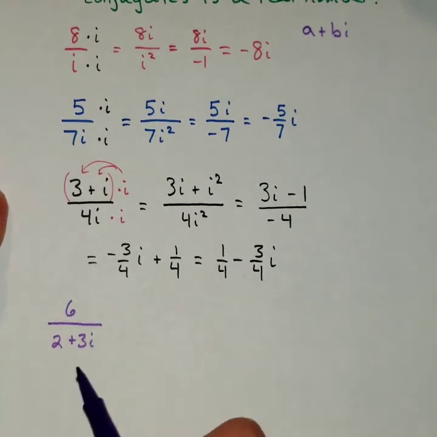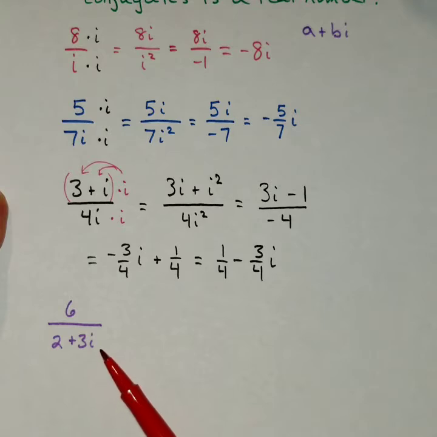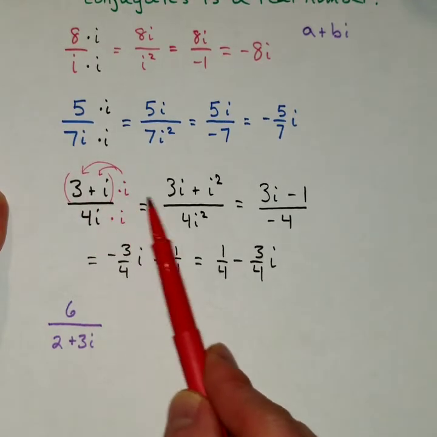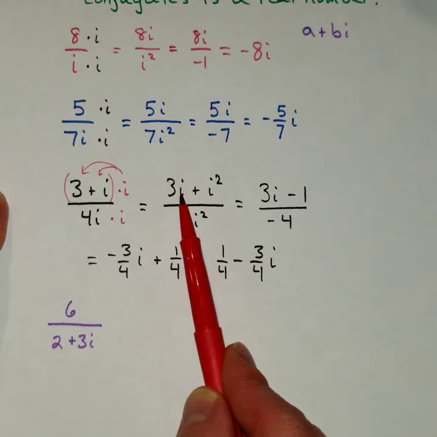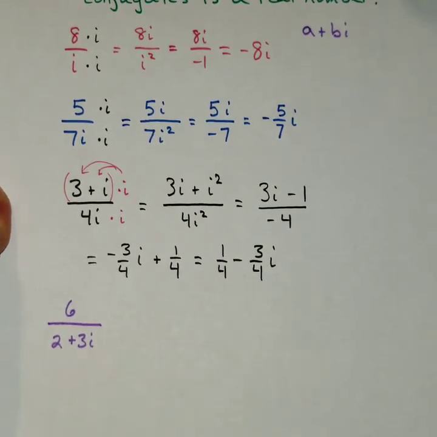So here, if I were to just multiply by the i like we did before, we just multiplied top and bottom by i, notice that if I do that to a binomial, it distributes, and I end up not getting rid of the i. So if I put an i on the bottom here, it distributes. I'm going to have a 2i instead of a 3i, but the i is still down there.